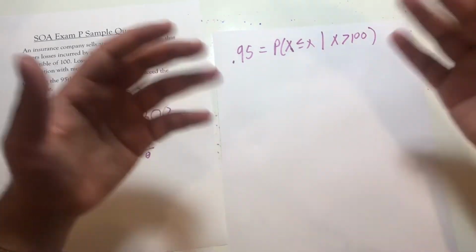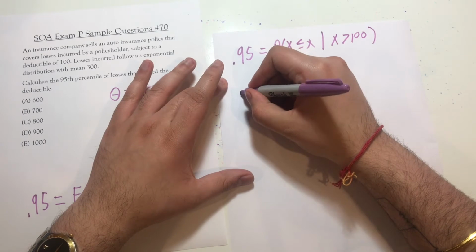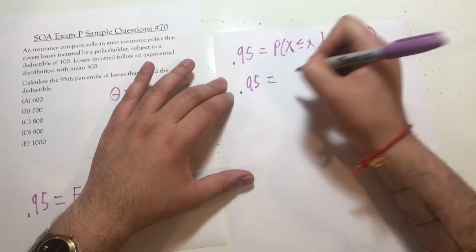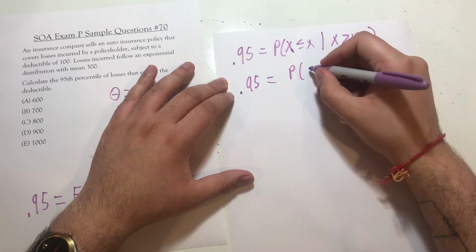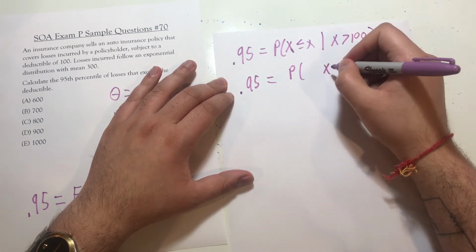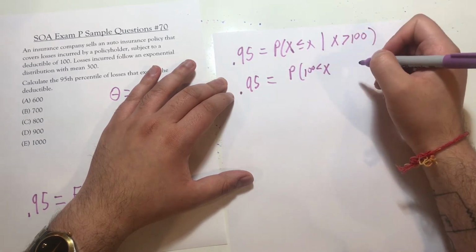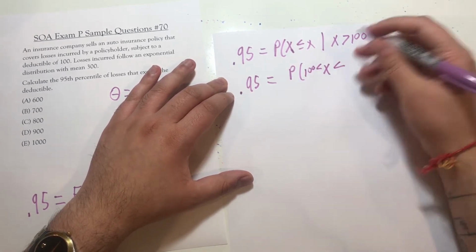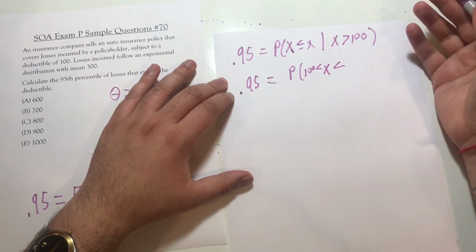And you should be very familiar with the concept of conditional probability at this point. 0.95 should equal the probability of x being between 100 and whatever the 95th percentile is.